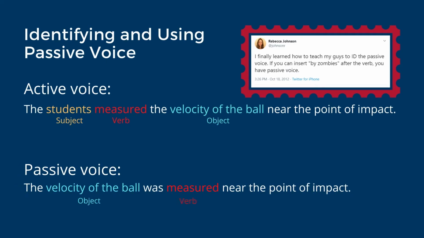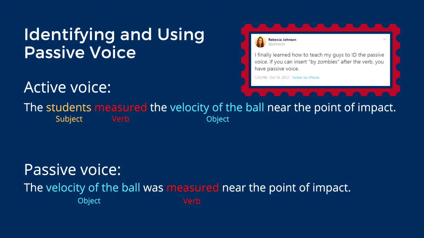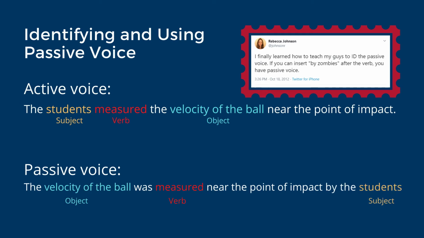Putting this in passive voice, we get, "The velocity of the ball was measured near the point of impact." An easy way to check if a sentence is in passive voice, if no subject is included, is by adding the subject back to the end of the sentence. We could say, "The velocity of the ball was measured near the point of impact by the students."